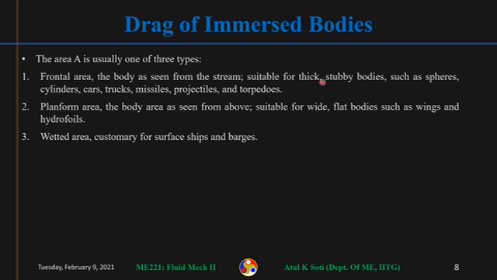And I think I made a mistake. When we studied aerofoils, I said for aerofoils we can use frontal area. That is wrong, because aerofoils are also very thin. So for thin aerofoils, instead of using frontal area, which will be very small, sometimes people use the planform area, which becomes the chord length times the length in the z direction.